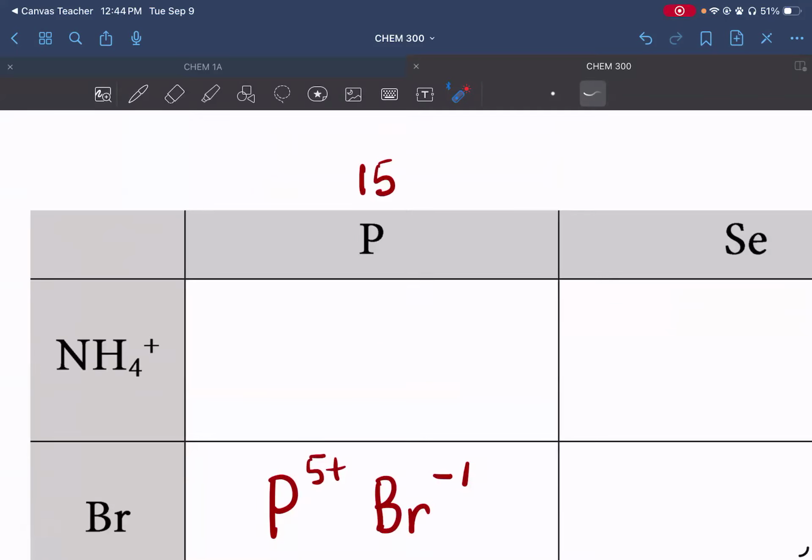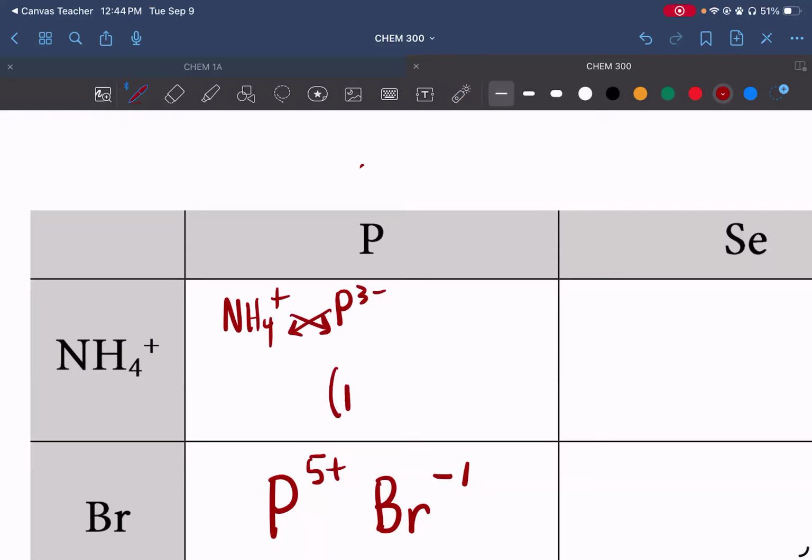So a student wants to do the first row with NH4 plus. I've already defined for you that this guy is cationic, plus. So there is no choice for everything else. For this one, we have NH4 plus. Phosphorus is expected to be negative. Phosphorus is in group 15, so it'll be negative 3. Crisscross comes down.